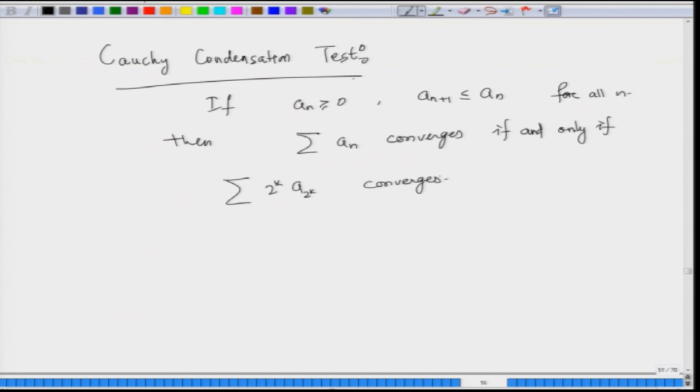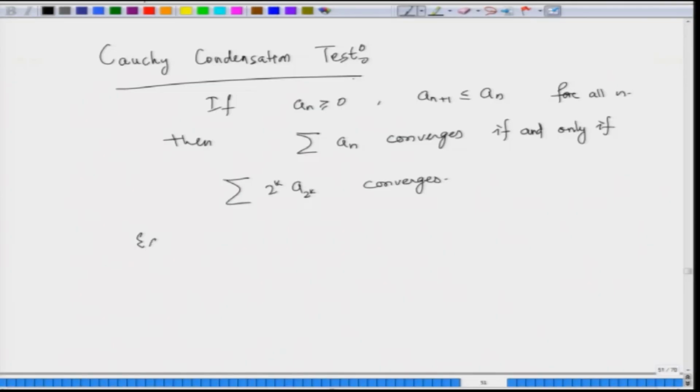This is the subsequence a 2 to the power k, with a factor of 2 to the power k. So, I will just give an example.